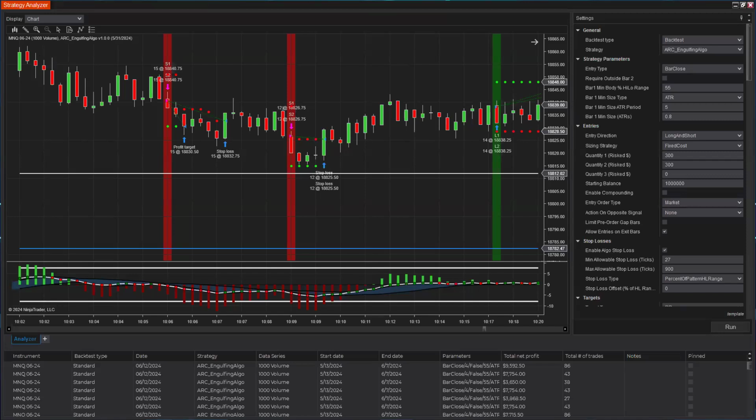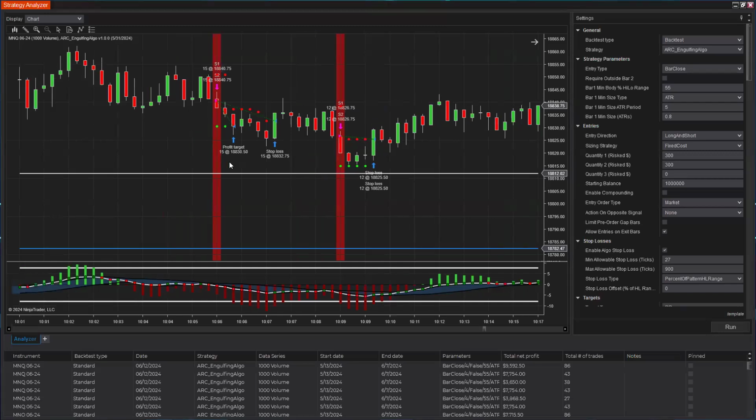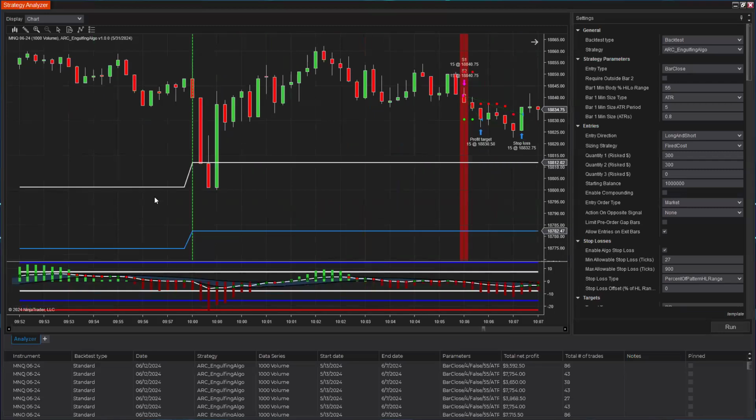So this is one where it trailed both positions, the first part of it and the second part of it. Stop was originally here, and then it trailed down and got out the full position. Almost hit target. So that would have been one where the initial target was bigger than 40 ticks, and that's why it got stopped out, all of it. This one hit target, trailed here.